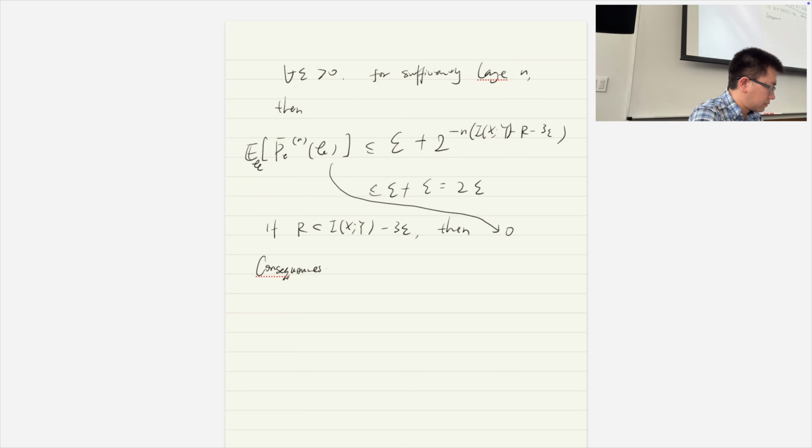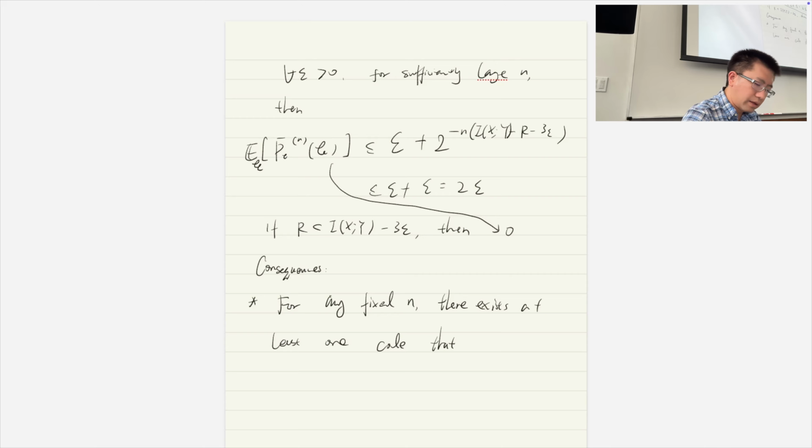The first one is that, for any fixed n, there exists at least one code book that performs not worse than the ensemble average.